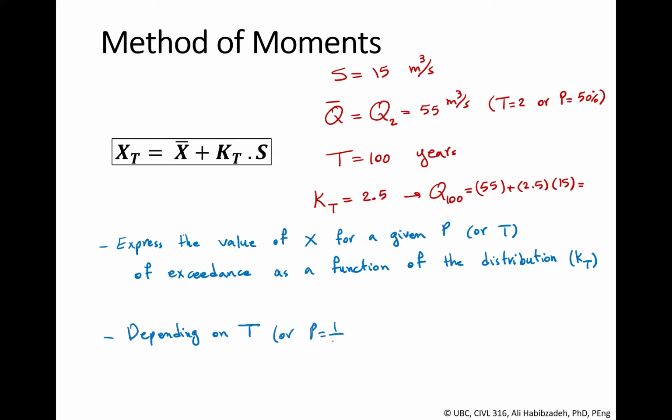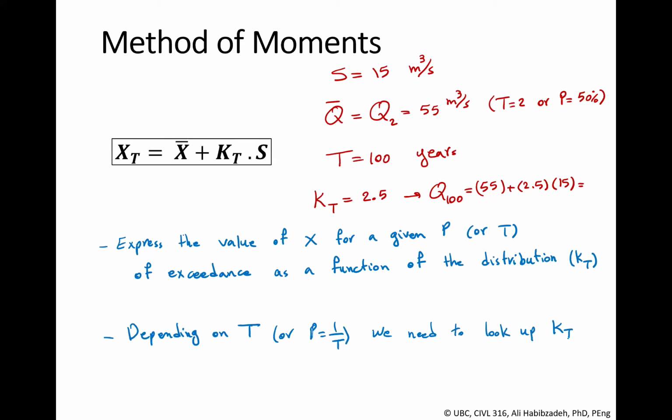P is 1 over T. We need to, I'm going to say look up, because it usually comes from tables. Look up KT. So we decide what kind of distribution we want, and we look up KT, and then we go from there.